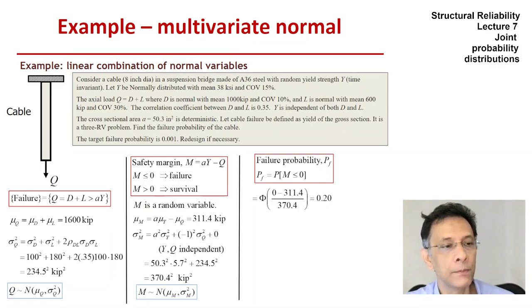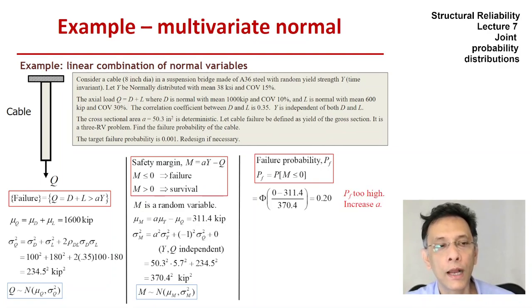So P of M less than or equal to 0 is the standard normal distribution function evaluated at minus 311 divided by 370, so approximately it comes to 20%.